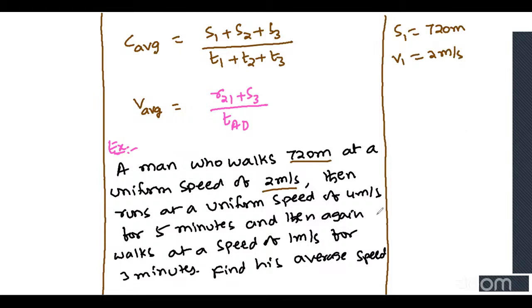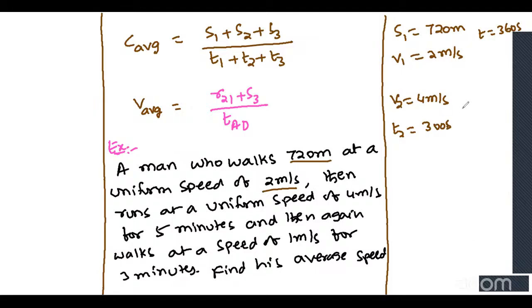So the time taken, I can say, is 360 seconds. And then runs at a uniform speed, V2 equals 4 meters per second, for a time of 5 minutes. Convert into seconds, that is 300 seconds.